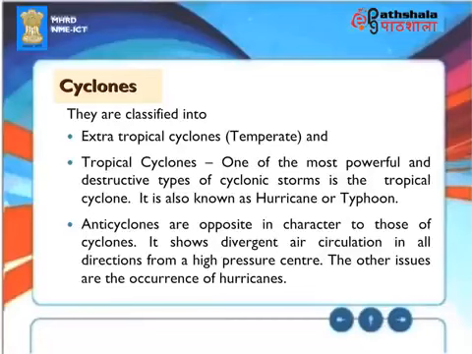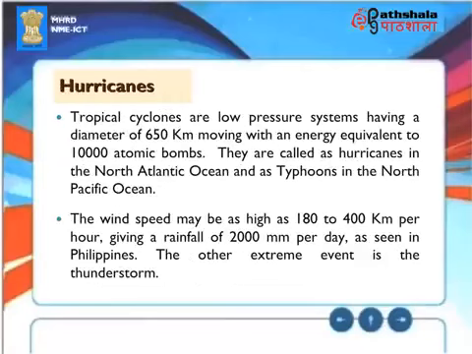Anticyclones are opposite in character to cyclones. They show divergent air circulation in all directions from a high pressure center. The other issues are the occurrence of hurricanes. Tropical cyclones are low pressure systems having a diameter of 650 kilometers, moving with an energy equivalent to 10,000 atomic bombs.